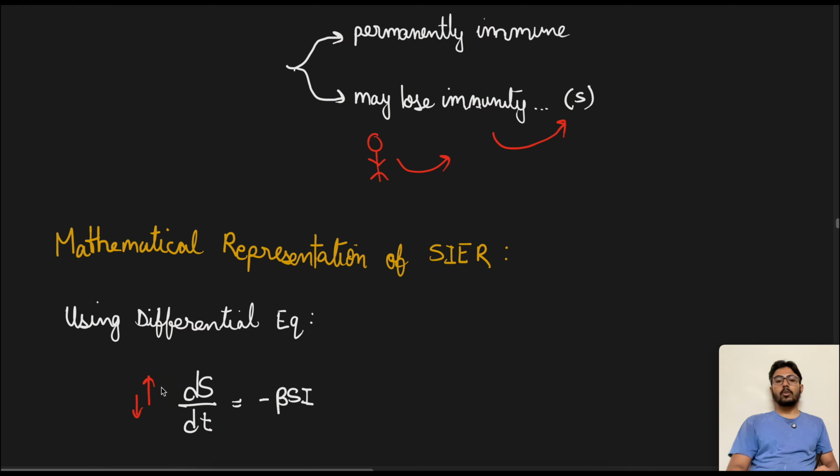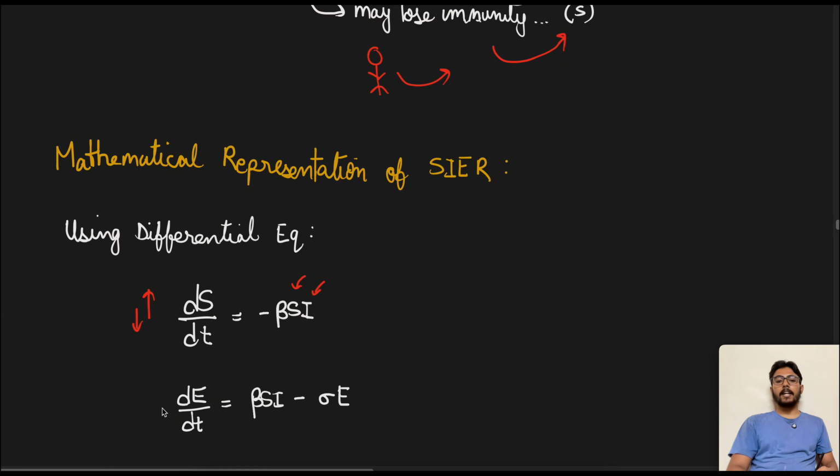It is determined by minus beta times S times I, where S is the number of susceptible population and I is the number of infected individuals at that time. Then the same goes for dE/dt, which is equal to beta S I minus sigma times E, right? This equation is for the rate of change of exposed individuals.